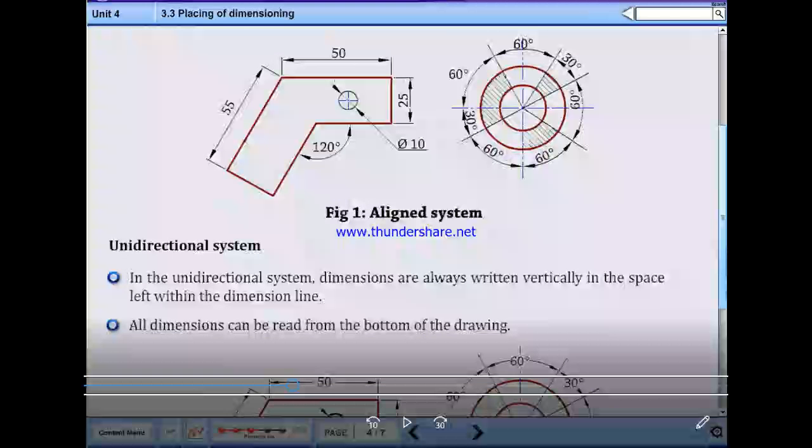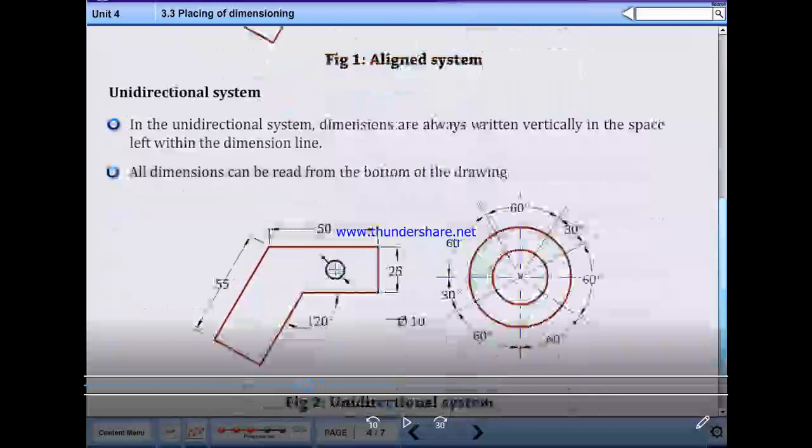Unidirectional system. In the unidirectional system, dimensions are always written horizontally in the space left within the dimension line. All dimensions can be read from the bottom of the drawing. Please note down for this unidirectional system.